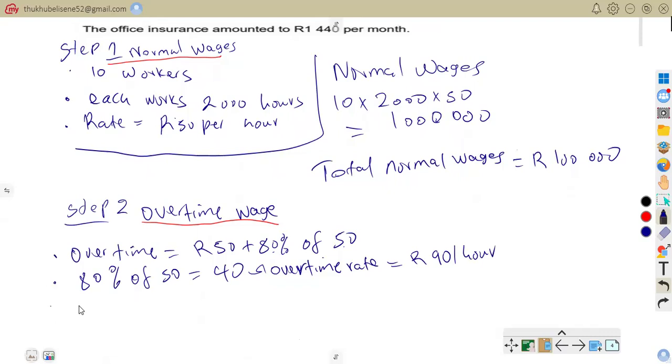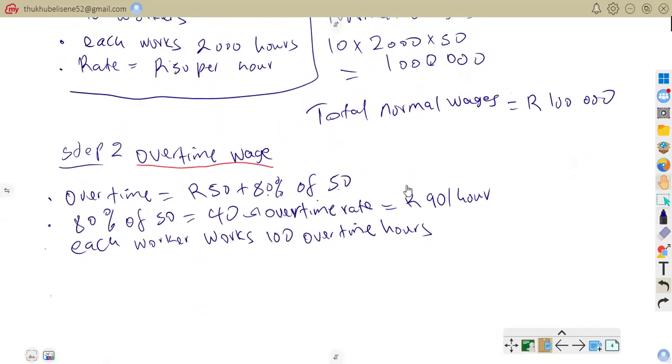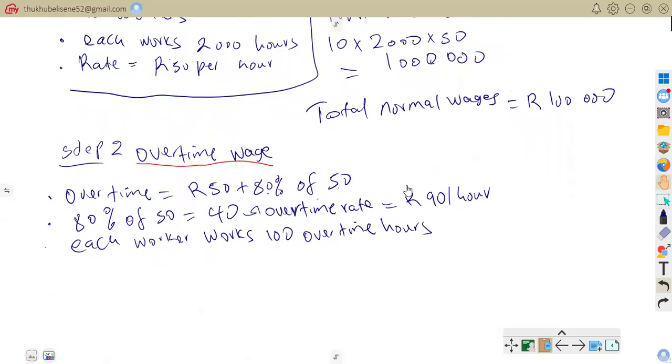So remember that we have said each worker works 100 hours. Each worker works how many hours? 100 hours overtime. So this is the information that we are talking about right now, which is going to help us now to calculate our overtime.